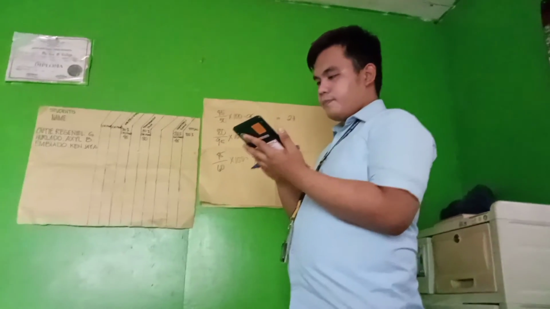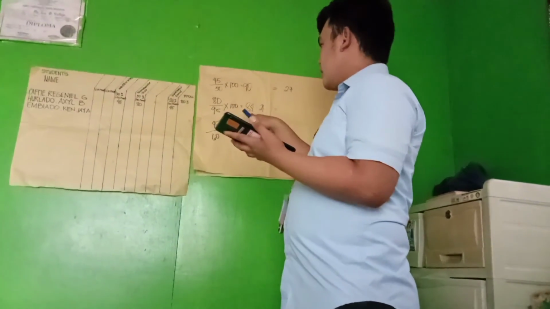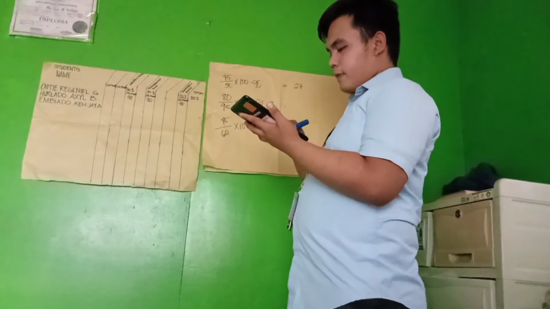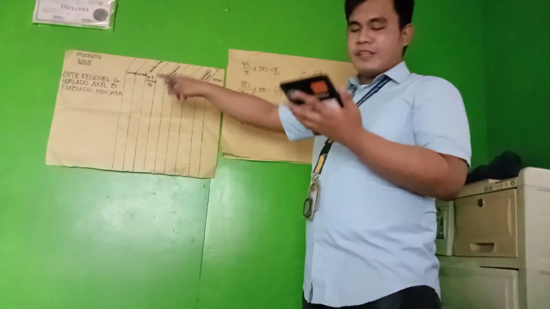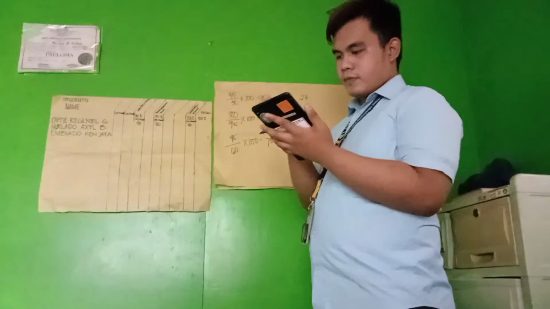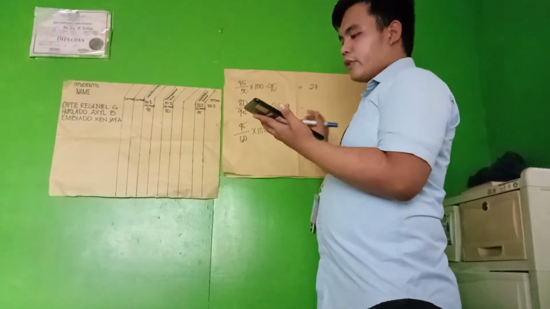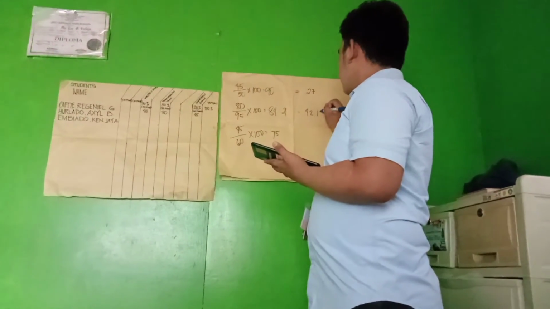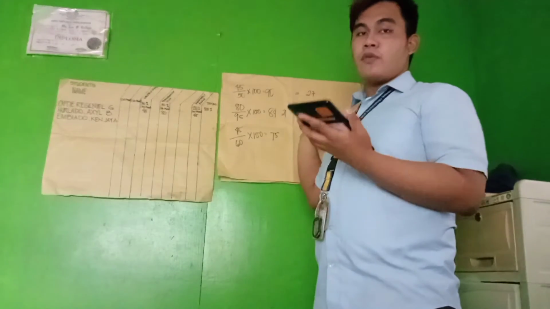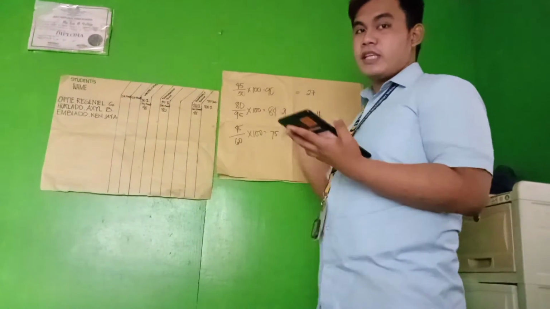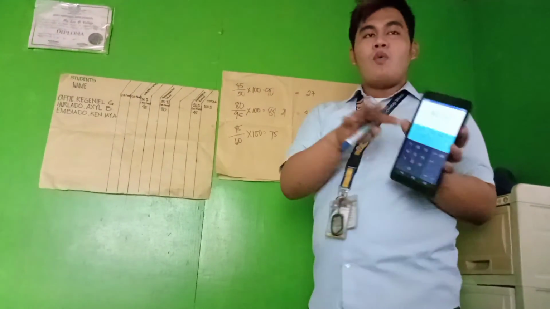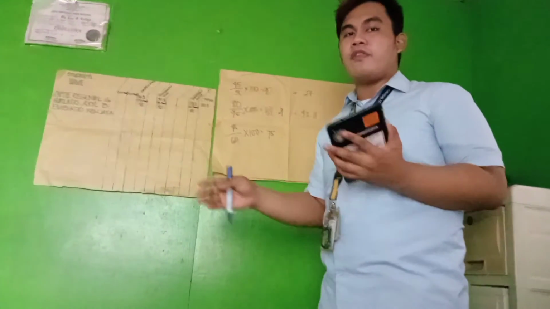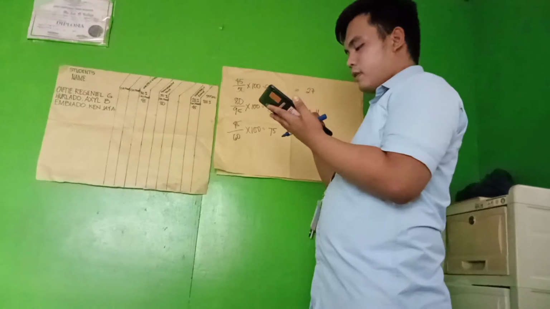Next is 84.21 multiplied by 50% is 42.105, which we are going to round off to 42.11.